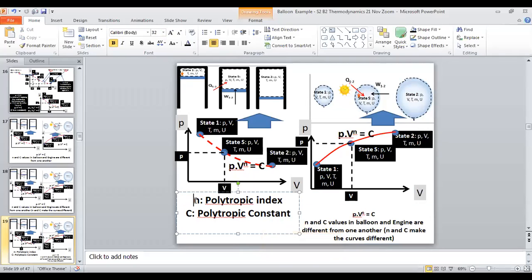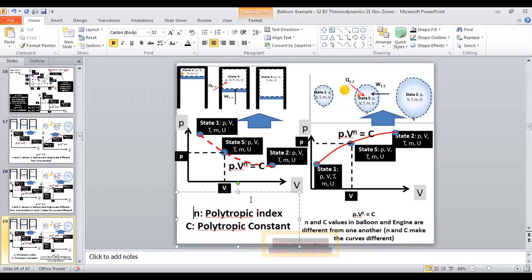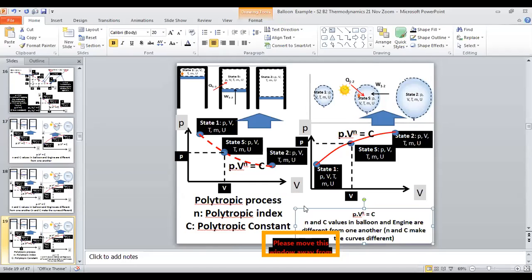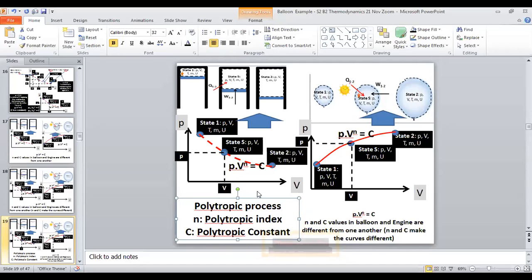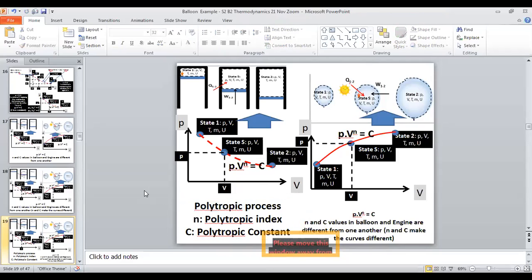And this process of expansion here we call polytropic expansion or polytropic process. So that is for the engine side, and that is okay for the balloon as well, polytropic. Later we will look into what polytropic means.